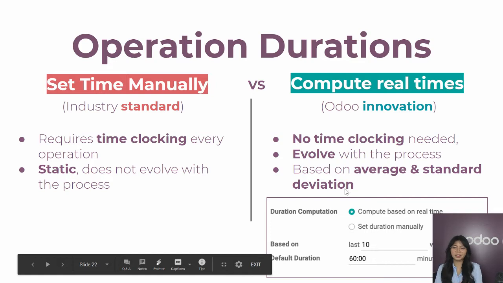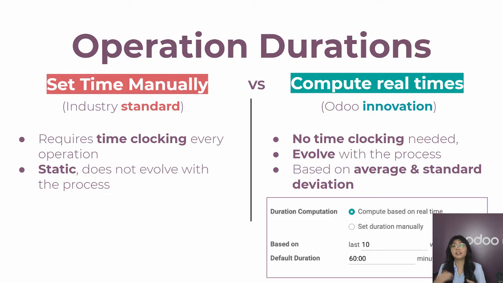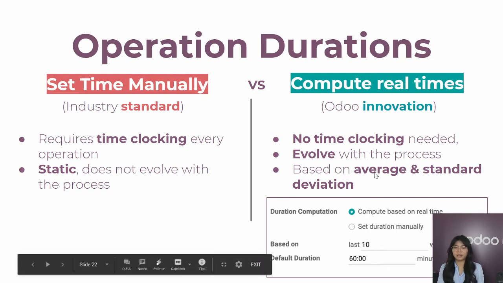So, makikita natin sa ating pag-compute ng mga real times, essentially, wala tayong time clocking na kailangan na. Nag-e-evolve siya, depende kung gaano katagal talaga yung ating nata-timer na oras, ano yung mga historical na timing natin, at i-project din niya in the future kung gaano katagal talaga yung kailangan natin para sa ating mga work processes or work orders. So, dahil doon, we do have the average and the standard deviations as well.